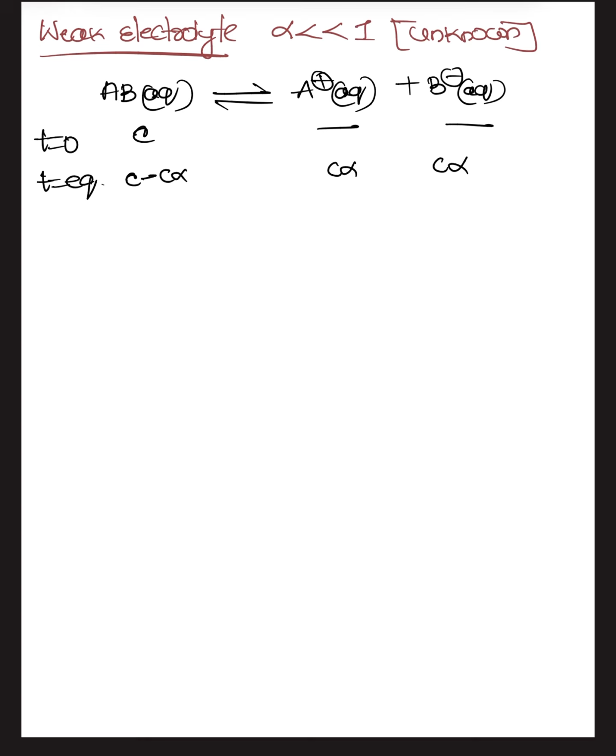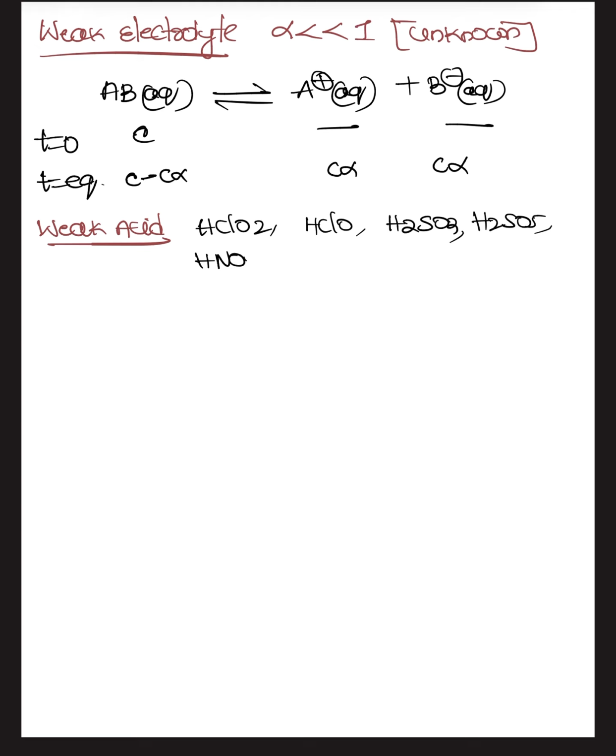So what are the examples? You can see weak acids. When it comes to the weak acids, examples are HClO2, HClO, H2SO3, H2SO5, HNO2, hydrogen fluoride, and all organic acids.